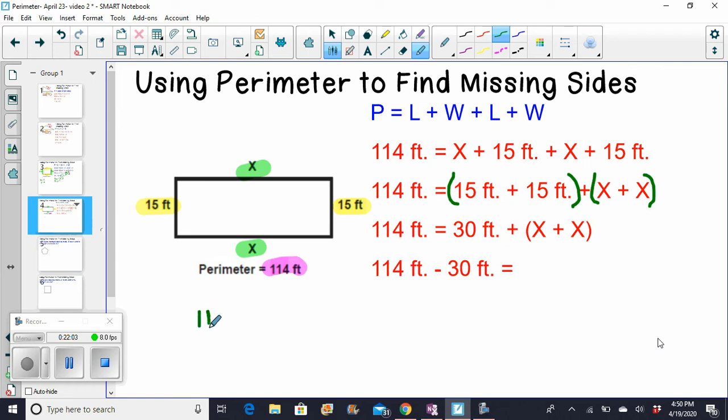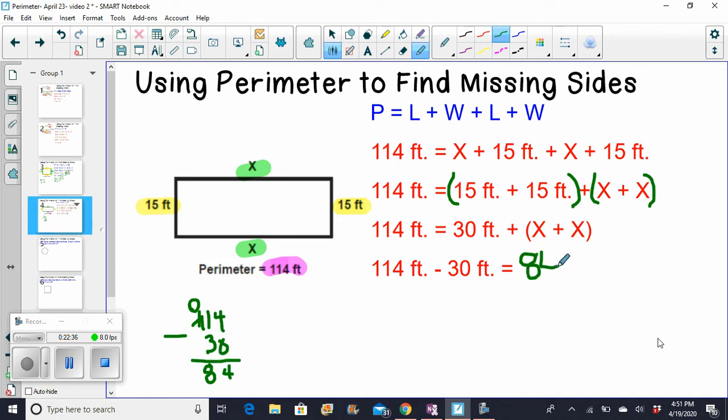I'll even do it right along with you. 114 minus 30. 4 minus 0 equals 4. 11 minus 3 is going to be 8. 84.